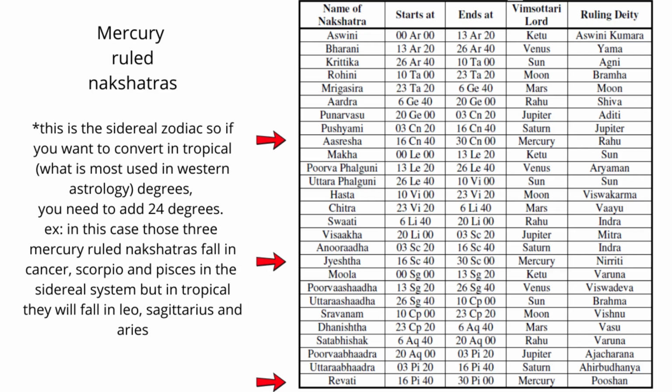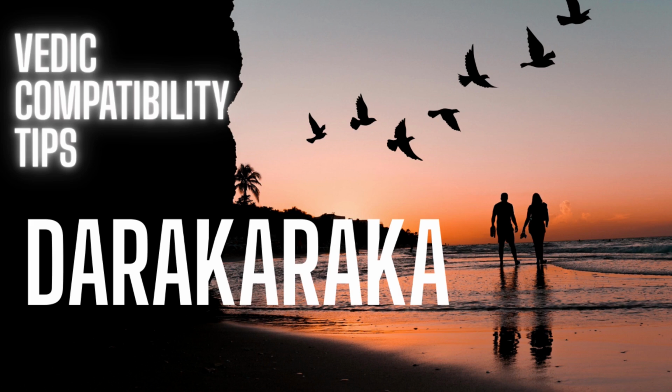Now, another thing that you can expect, which cannot really predict the placement, but is something I've seen a lot, is that the Darakaraka of one partner is the Atmakaraka of the other. So it's a switch. I've noticed this tends to create one of the strongest bonds, where it really feels like, oh, we are perfect for each other. There's this feeling of, oh, I found you, soulmate, really.